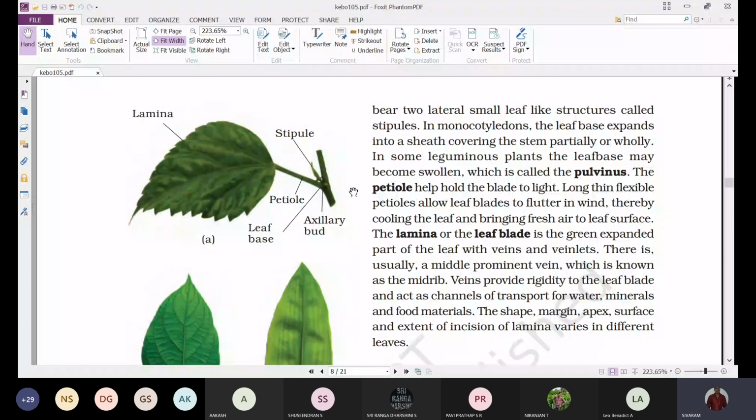If you have rice plants in your nearby place, go and observe: the leaf base will encircle the stem at some part.